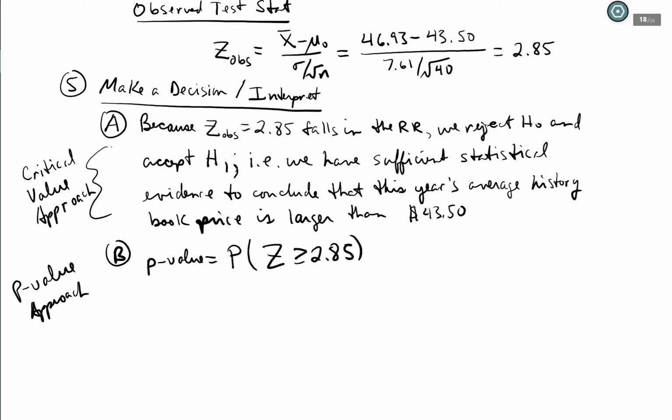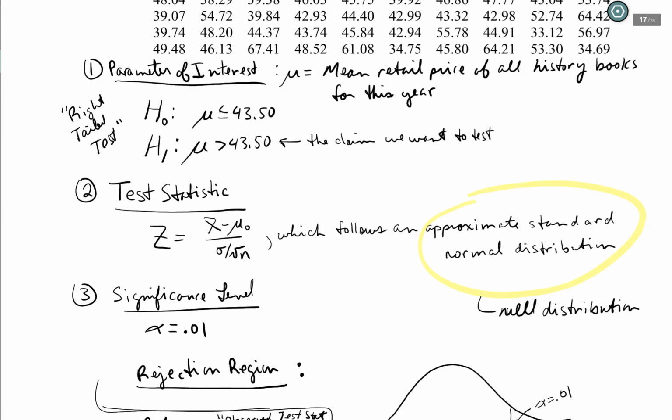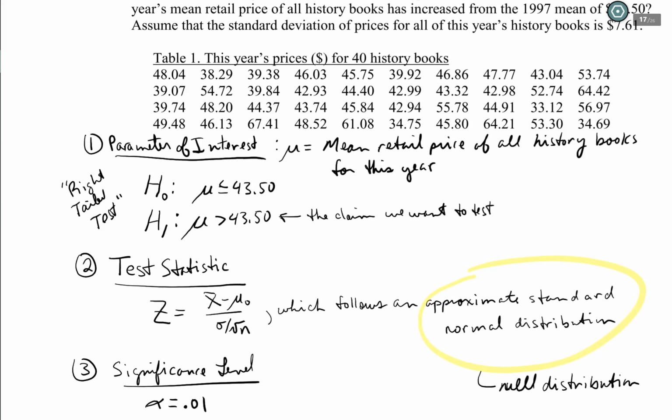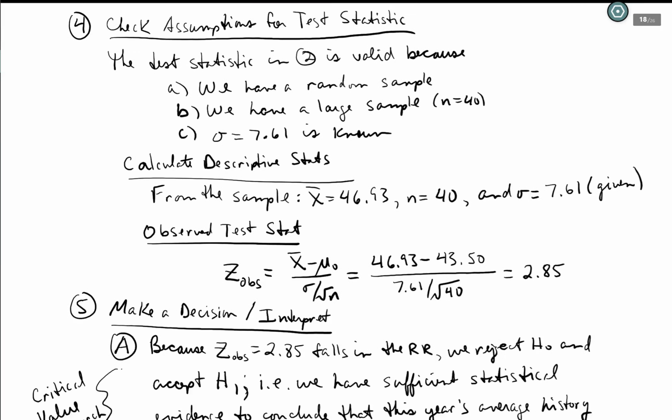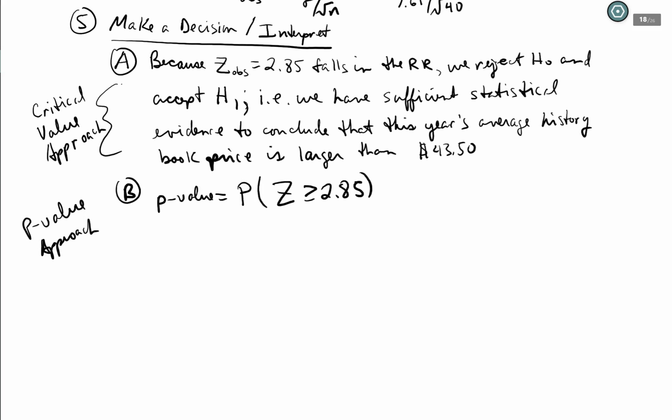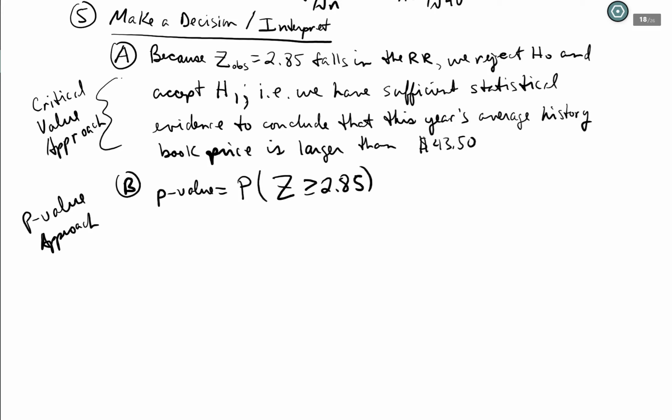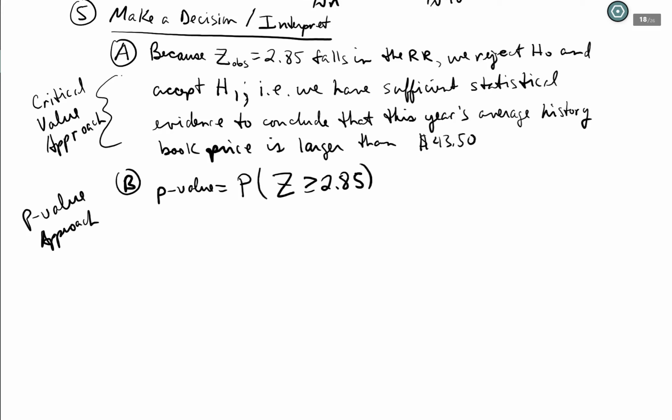Now, in general, extreme can be greater than or less than, but when we look at our alternative hypothesis, it's a right tail test, it's greater than, so we're talking about extreme away from the null and towards the alternative. That's what the p-value is after here. When you have a left tail test, the notion of extreme will be less than, okay? But for us, it's greater than or equal to 2.85 in this problem.